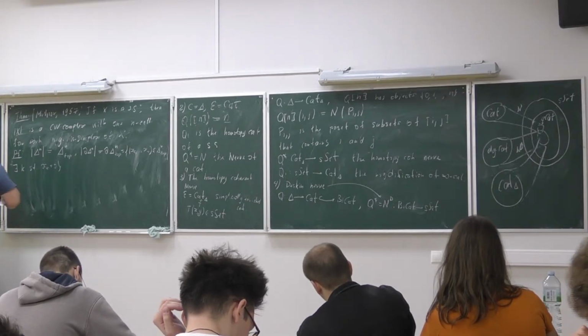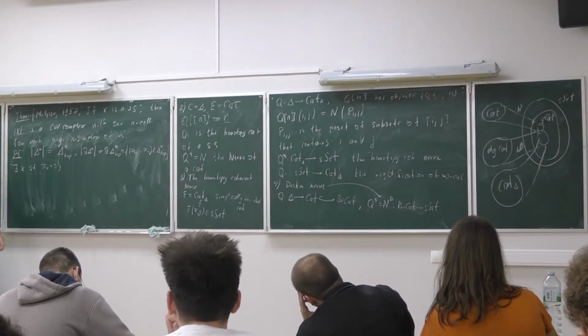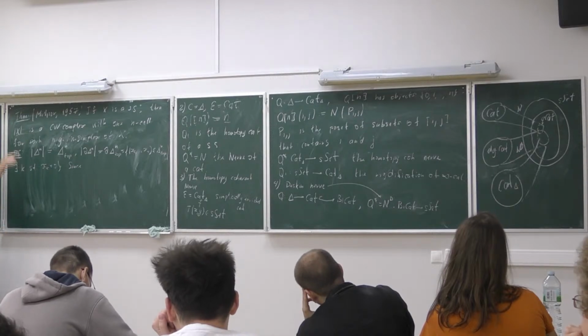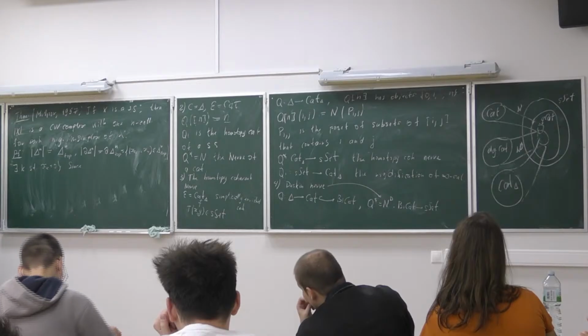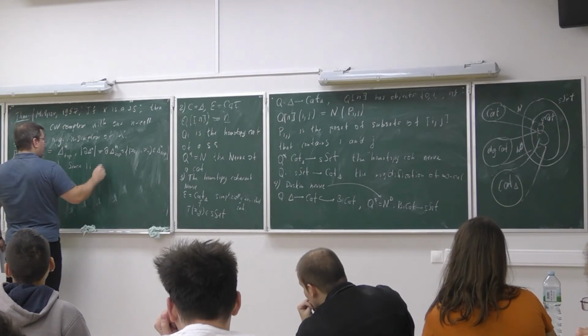So, simple observations. The next simple observation is that, since I know that this is a left adjoint to the singular simplicial set of a topological space, this thing preserves colimits.